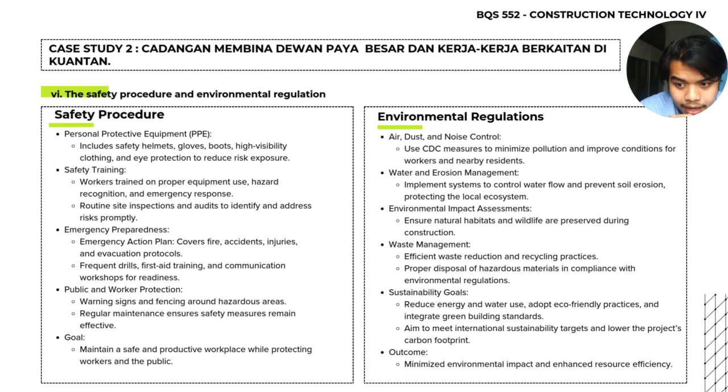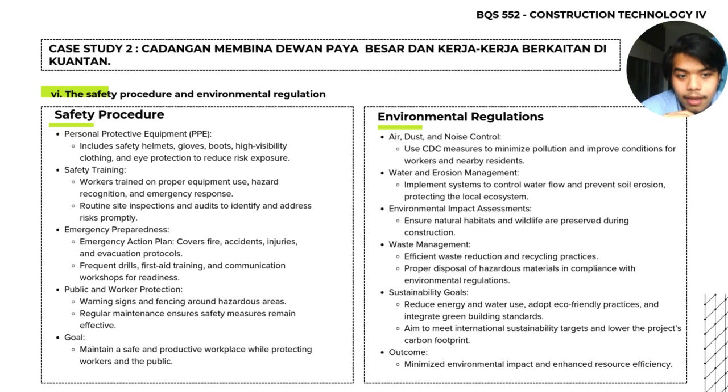And next, emergency preparedness. They need to prepare the emergency action plan, which covers fires, accidents, injuries, and evacuation protocols, along with frequent drills, first aid training, and communication workshops for readiness.